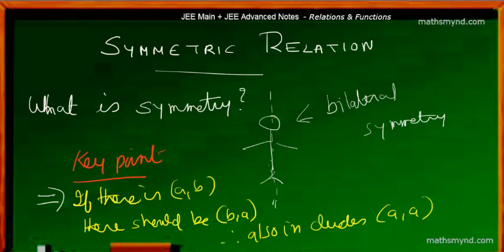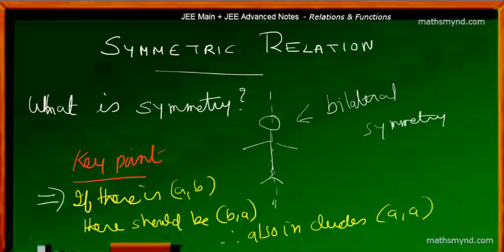Let's go on to another very interesting and important relation, that is symmetric relation. Now, what exactly do we mean by the word symmetry? Symmetry actually refers to a reflective property.